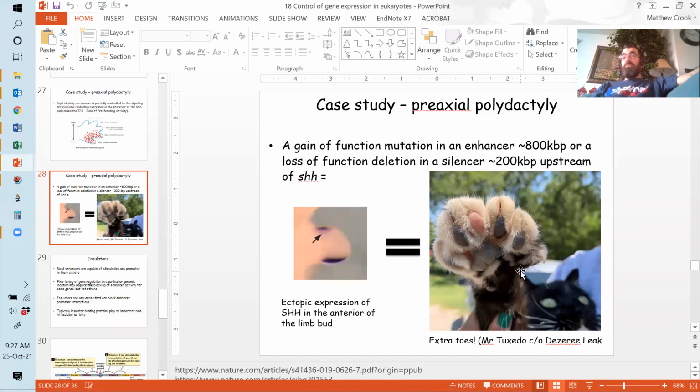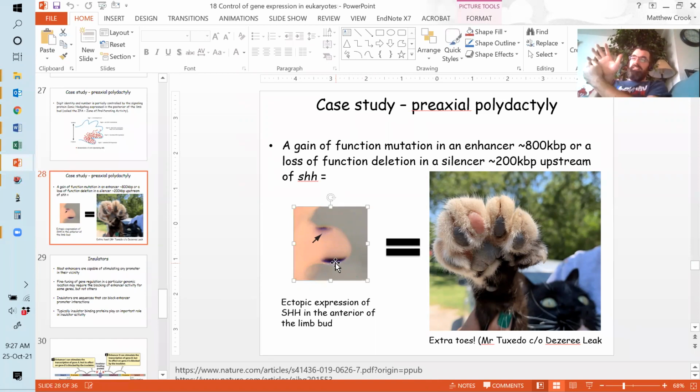Anyway, there's a gene in us called Sonic Hedgehog. Don't ask me why. Supposedly, the guy who discovered it had a son who was playing that game a lot on the Sega. Anyway, this controls, in part, digit identity, right? You get a lot of it down here on this little limb bud, and that means this is pinky. Get a little bit less, that's the next one. There's a ring finger in there somewhere.